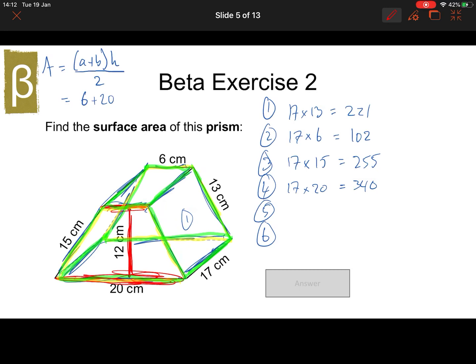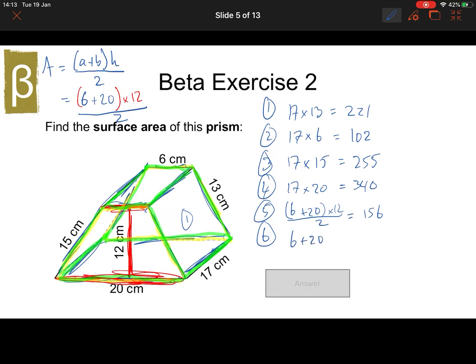And H is the perpendicular distance between them. So that's 12, so times 12. And then divide your answer by 2. So the answer is going to be 26 times 6, which is equal to 156. So let's just write that down: (6 plus 20) times 12 over 2 is equal to 156.